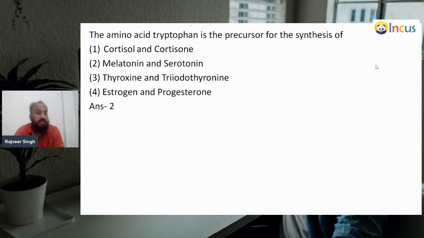Next question, very important and very good question. It is about the amino acid tryptophan, which is the precursor of the synthesis of what? Cortisol, cortisone; melatonin, serotonin; thyroxine, triiodothyronine; estrogen and progesterone. Answer will be second: melatonin and serotonin.